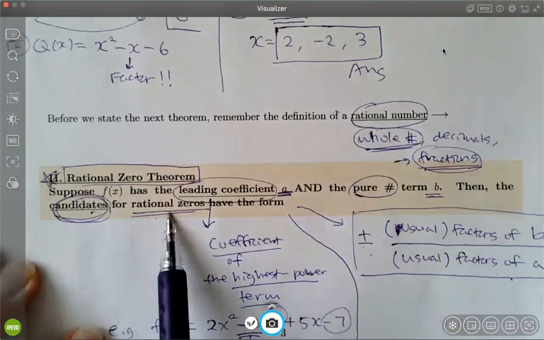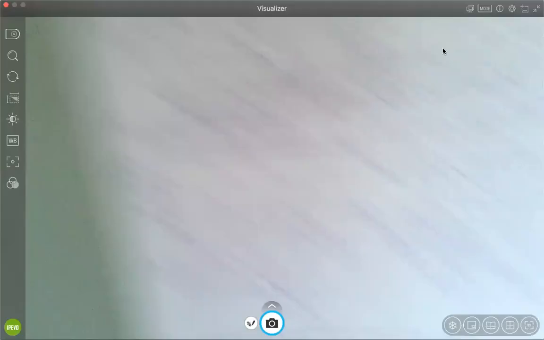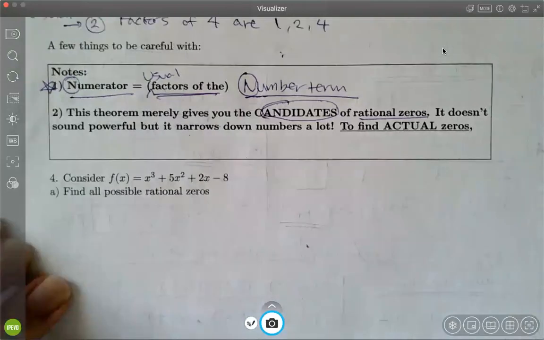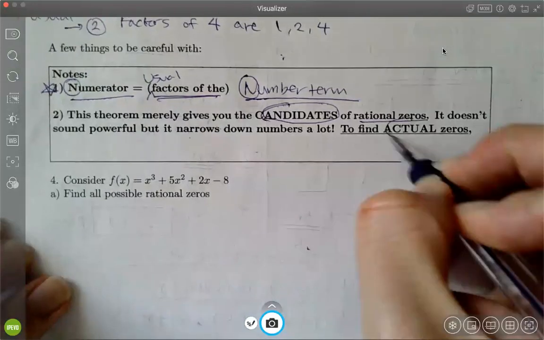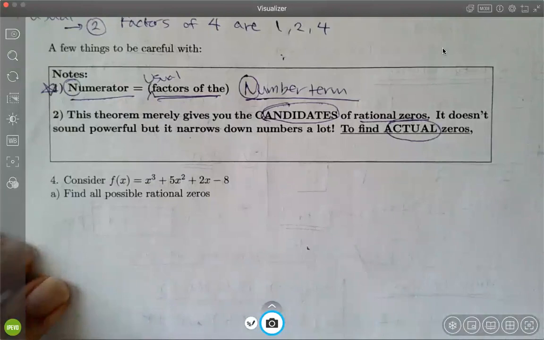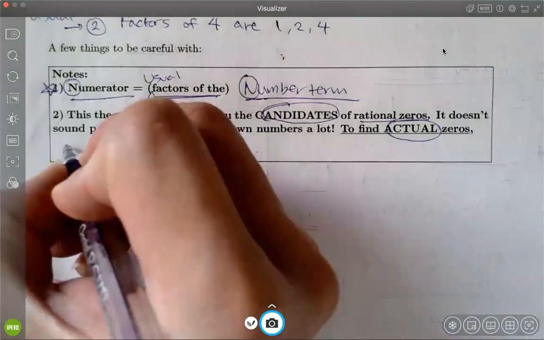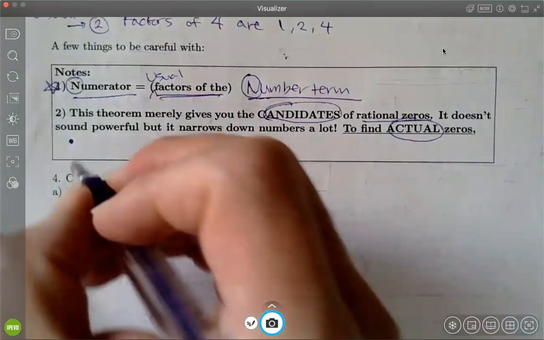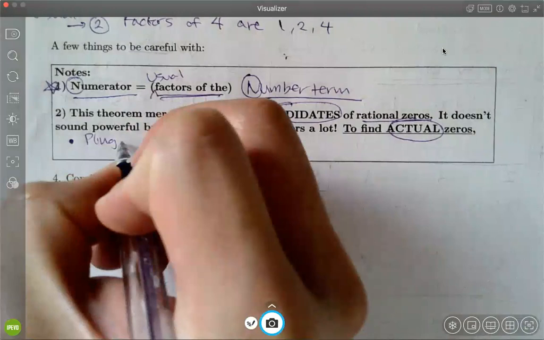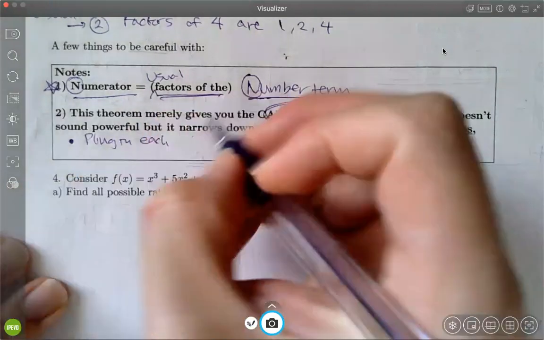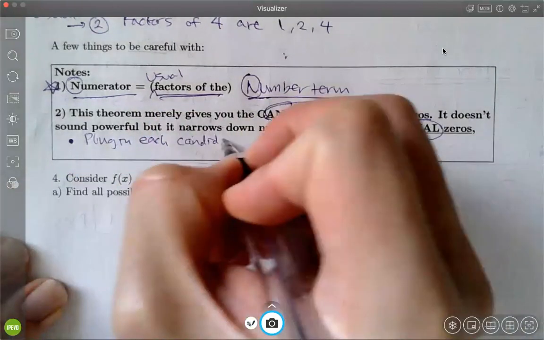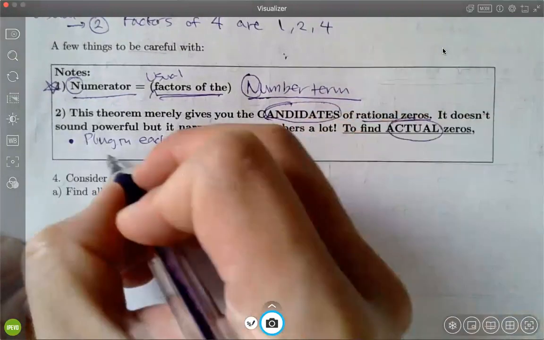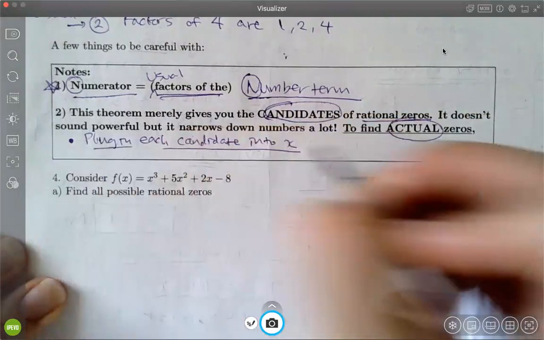Then how do you find the actual rational zeros? To find the actual zeros, you have to use two things. First, you plug in each candidate into x and see if you get zero at the end.